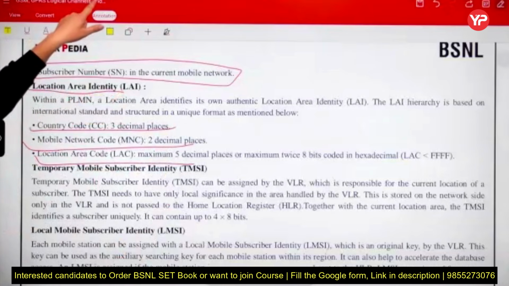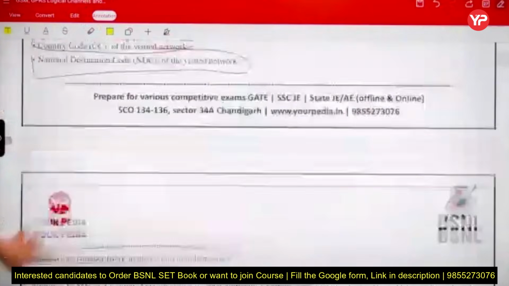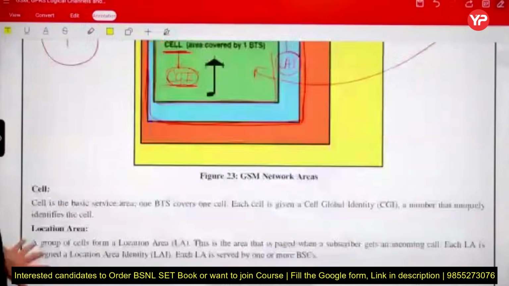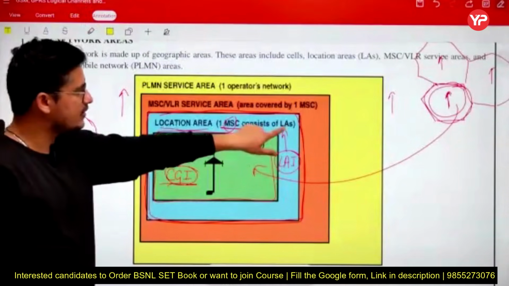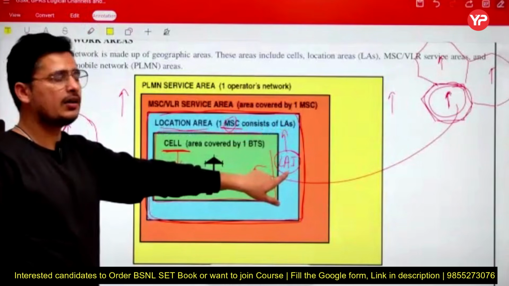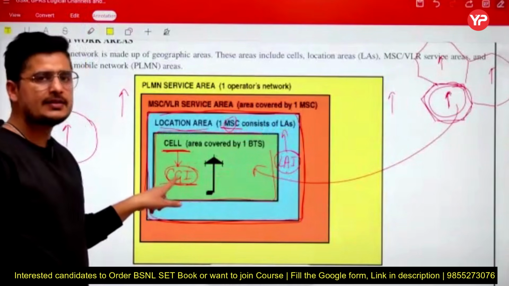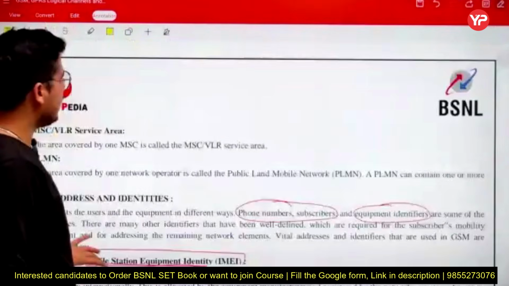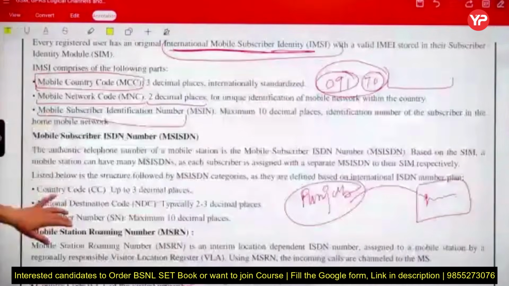I already told you about LA. Here you can see, one second. In this case, I already told you that this is LA, and LA has its unique identity. If you have a cell, it also has its unique identity. Then how do we assign that LA identity? You can check that here.